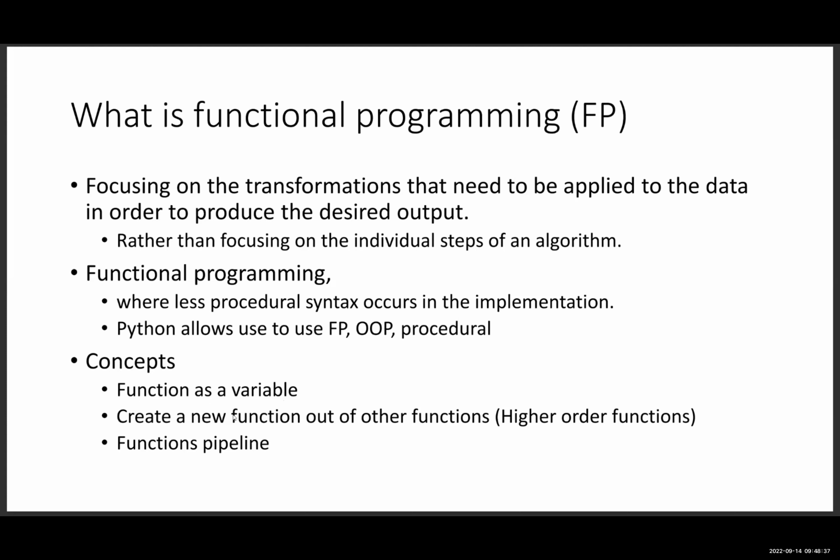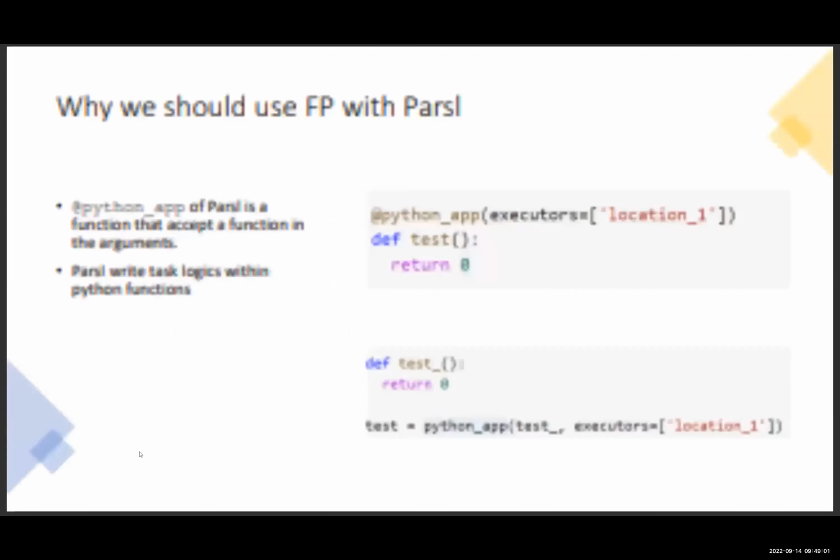For example, you will have a function that will accept another function and generate a new function. Another thing is function pipelines: if you have a set of functions, each function's output will be the input of the other function.